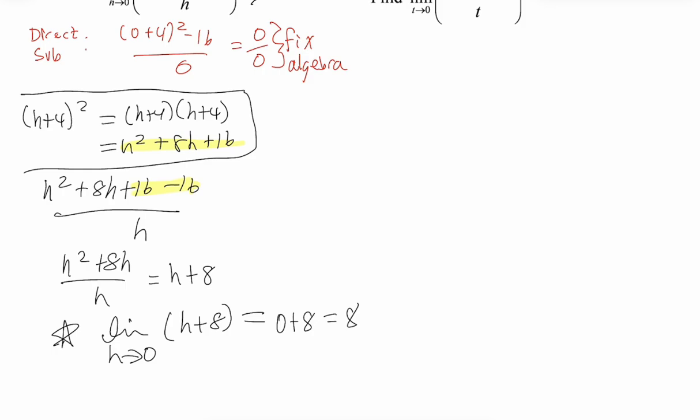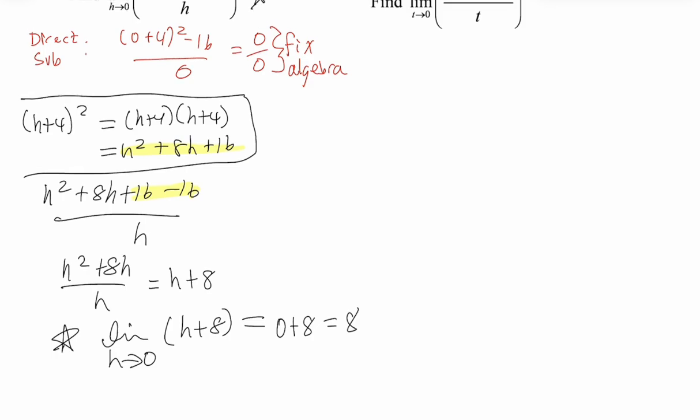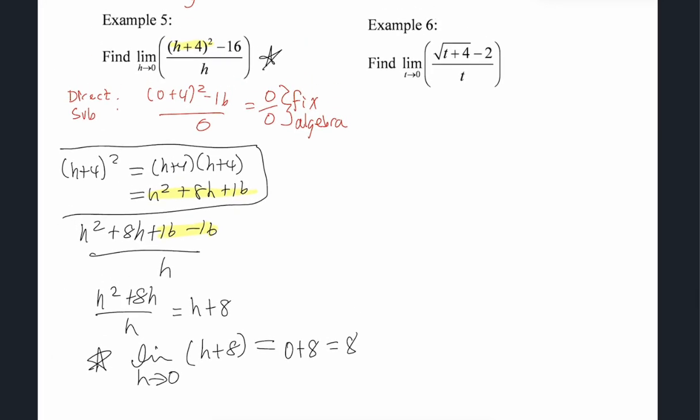So if you get 0 over 0 and it looks like example 5, you have to manipulate the algebra. Usually the way you can manipulate the algebra is if there's a quantity, you can expand it, and things will cancel and be nicer than what you had initially.